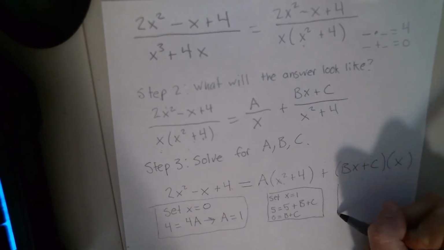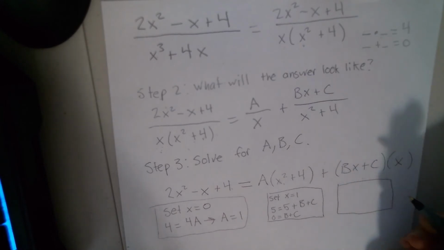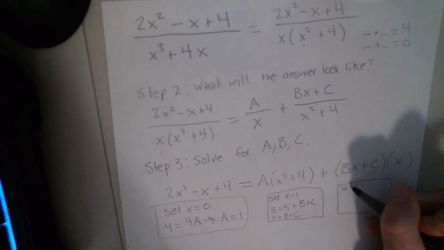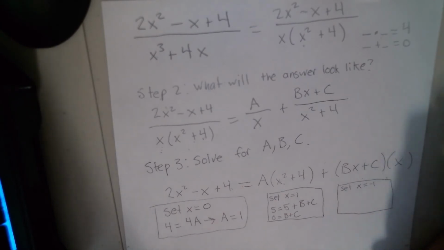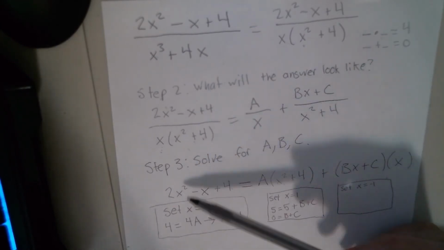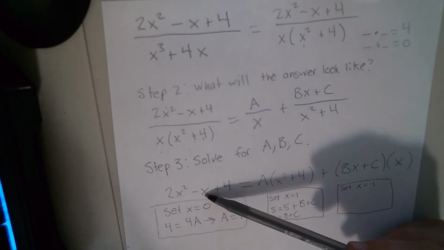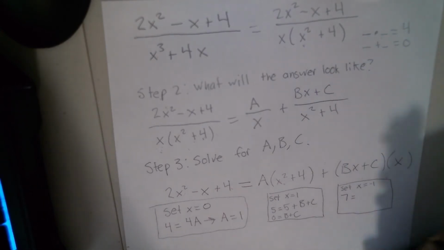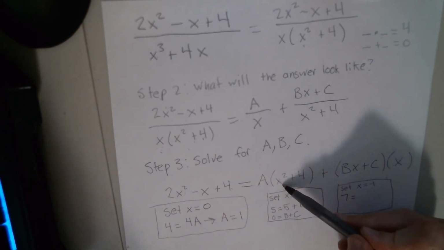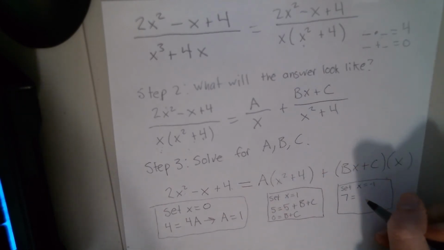So let's plug in another number. What should we do? Maybe -1? I'll do x is -1. When I do that, on this side, I get 1 times 2 is 2, plus 1 is 3, plus 4 is 7. 1 plus 4 is 5a, which a was 1, so we still just get 5 there.